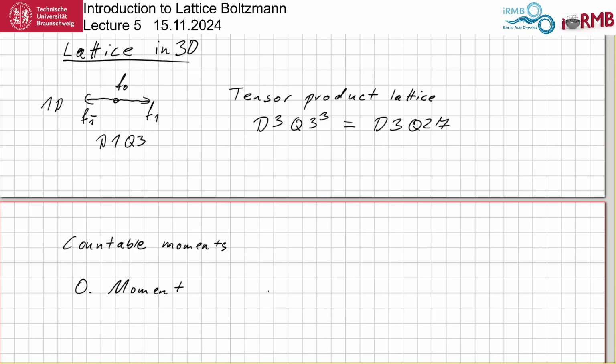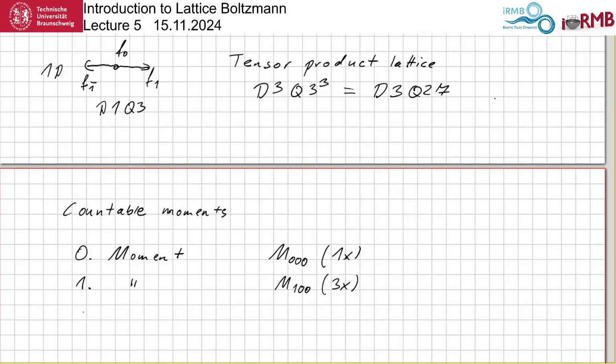So this is M000. Of course, we have only one permutation of this. Then first order: I'm not going to write moments here again and again. We have 1, 0, 0, and here we have of course 3 permutations of this. You know what I mean, right?